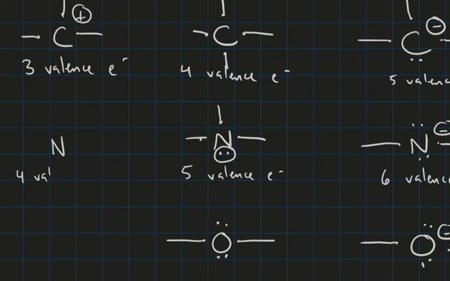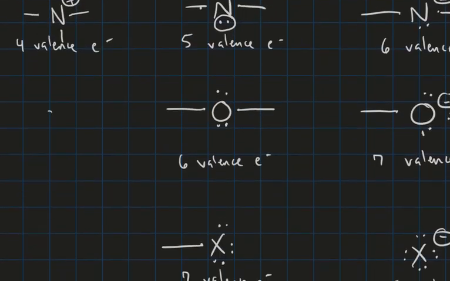Now we have 4 valence electrons. 1, 2, 3, 4. Boom. We're going to make 4 bonds. Oxygen, we now have 5 valence electrons. So we're going to go 1, 2, 3, 4, 5, and notice that we can make 3 bonds.